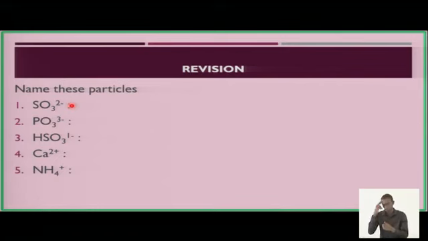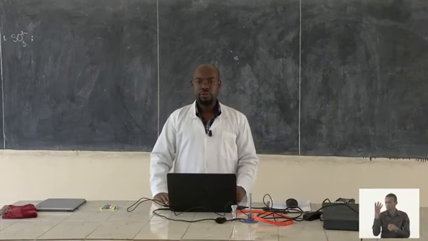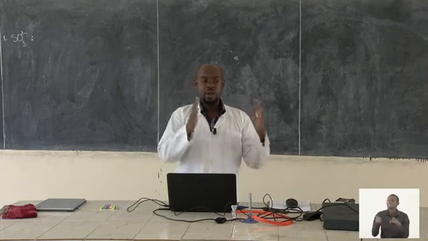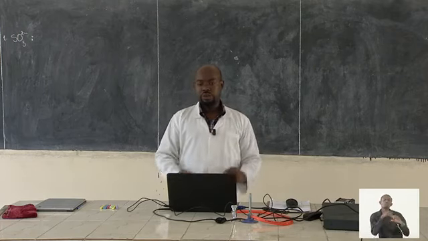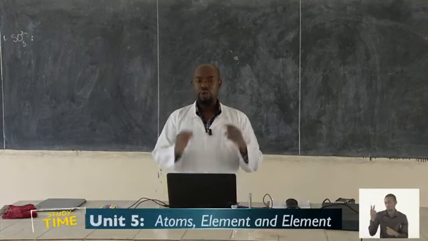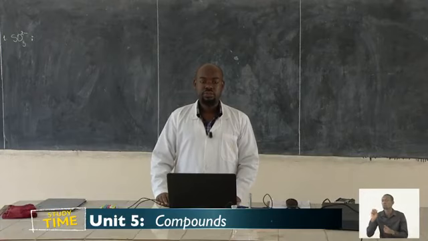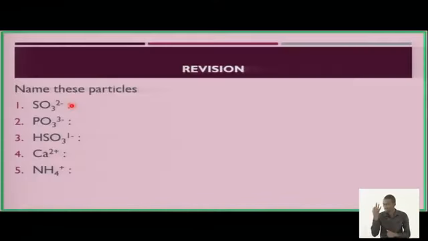Remember, it is different from when we have 4 atoms. And it is the same when we have 3 atoms on the nitrogen and 2 atoms on the nitrogen. Those 2 radicals we have seen which contain nitrogen atom. So when we have 3 oxygen atoms combined with sulfur or phosphorus, the name ends with "ite."